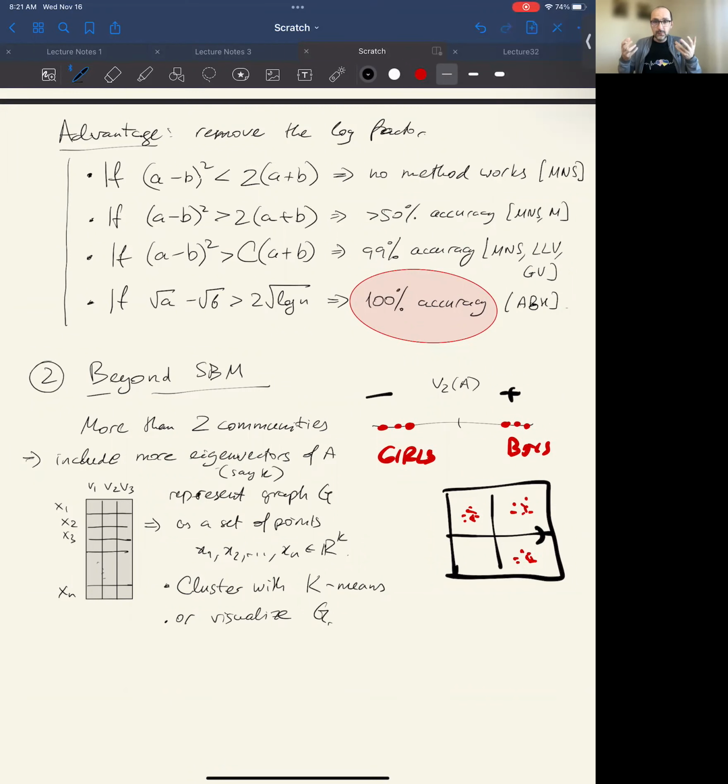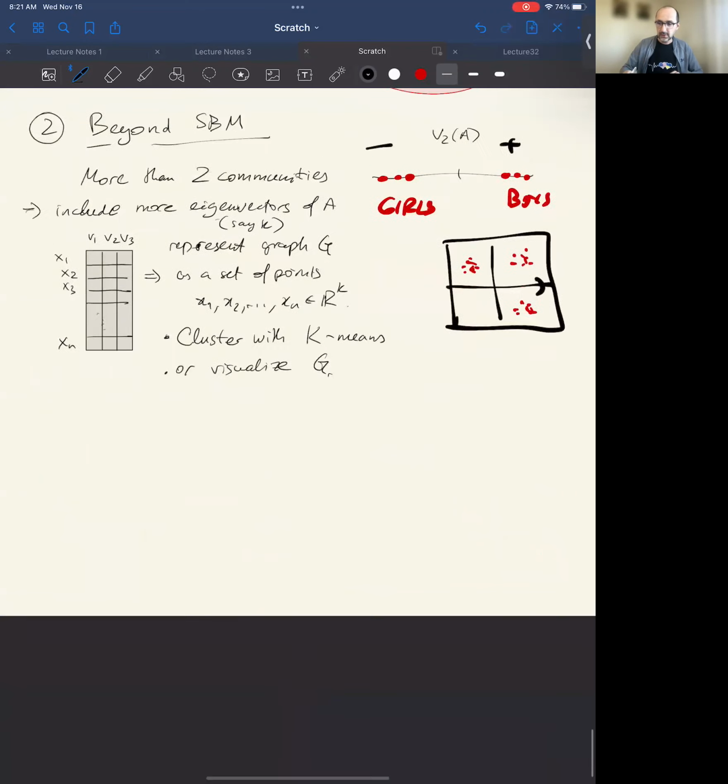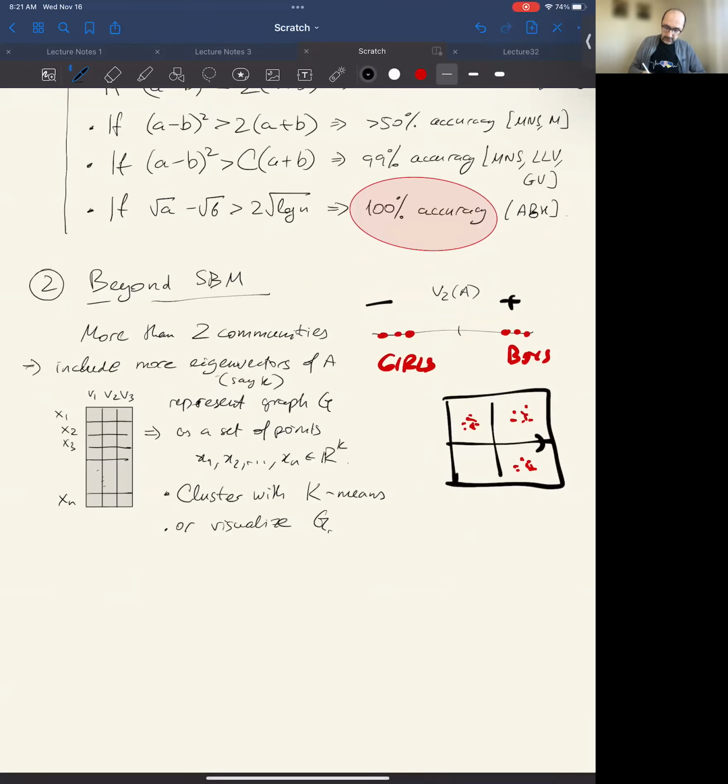And now we have a way to visualize it as a point set in Rn. It's a way to geometrize the graph, to make it geometric. So what we achieved here is we take any graph, in particular the stochastic block model, but it applies to any graph, and you can embed it, represent it as a point set in Rk.